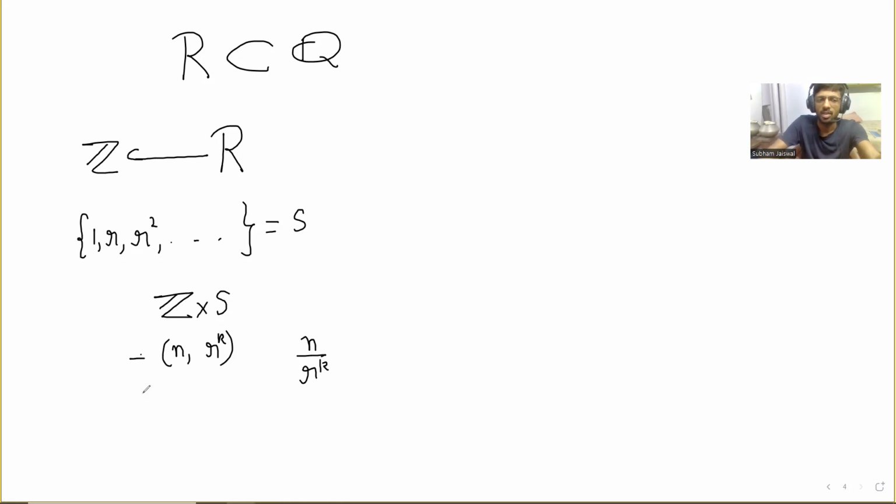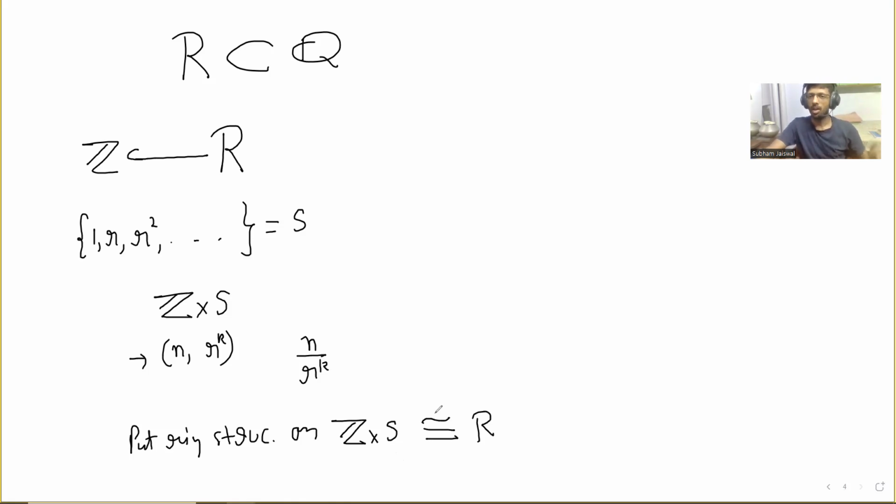So using this you put a ring structure on Z cross S, and this is what our R was.